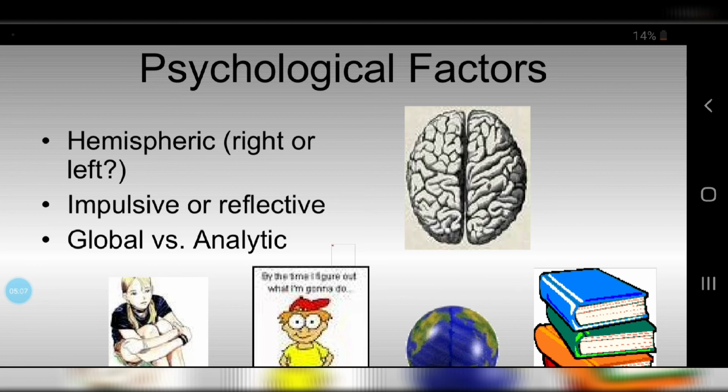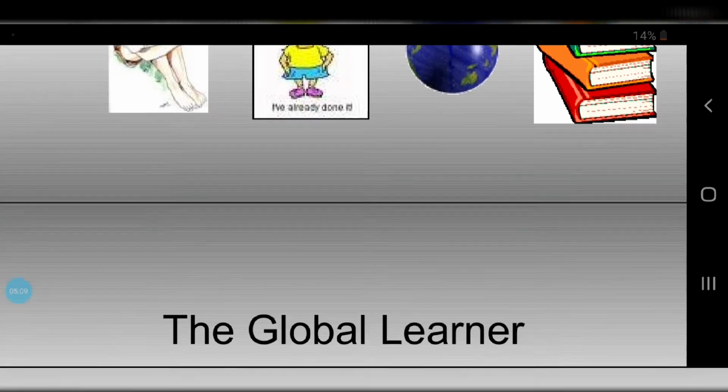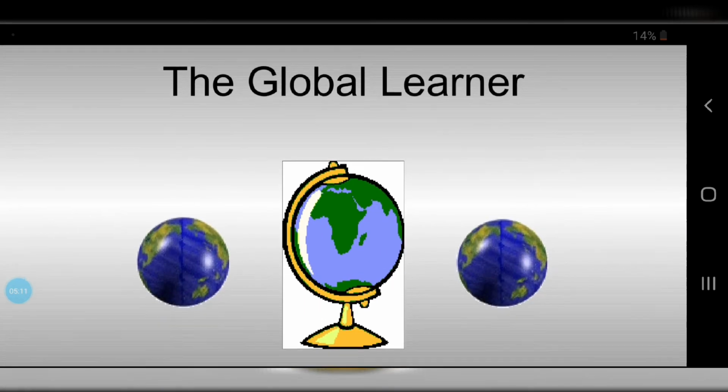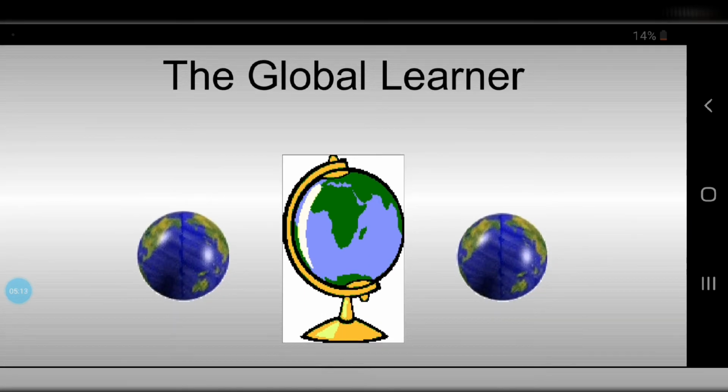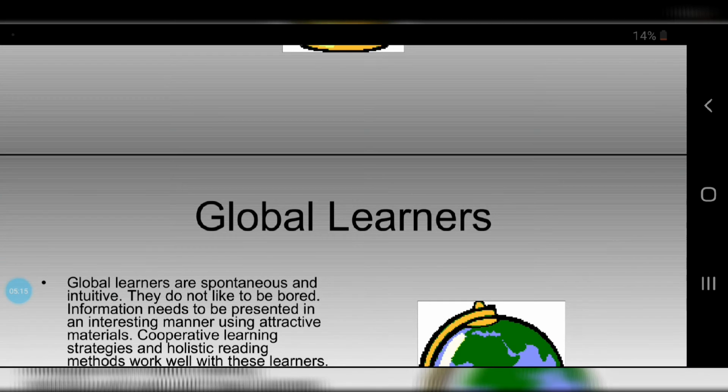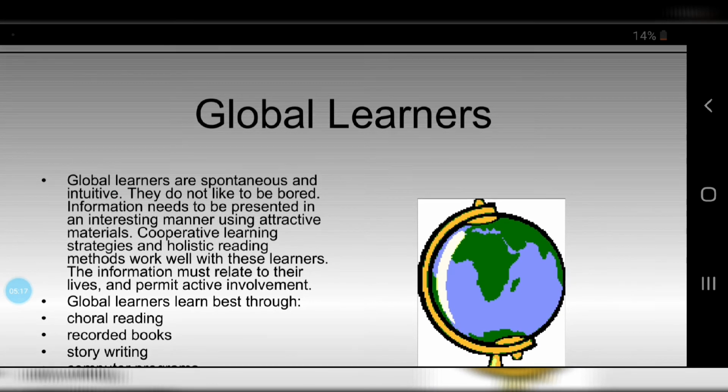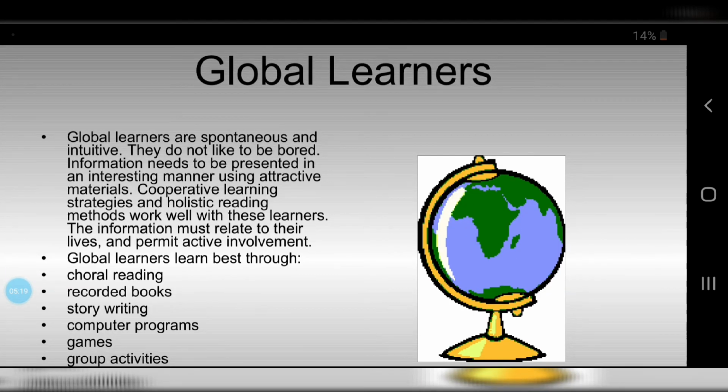So, for the global learners, let's expound on this. What is a global learner? Global learners are spontaneous and intuitive. They do not like to be bored. Information needs to be presented in an interesting manner using attractive materials. Cooperative learning strategies and holistic reading methods work well with these learners.